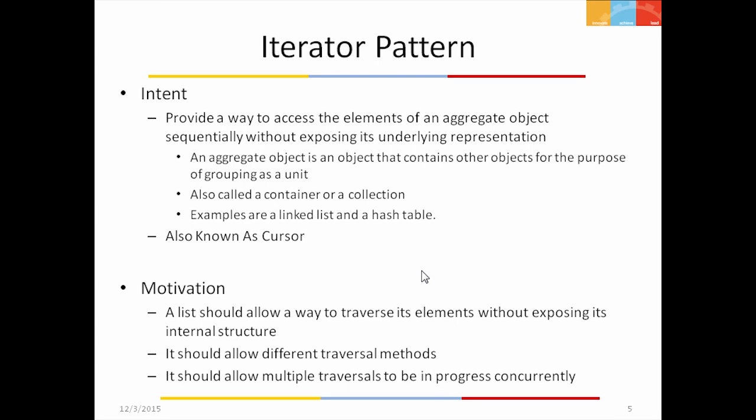That should not be exposed to the client. It should be hidden by the iterator. Plus it should allow different types of traversal methods. It should allow multiple traversals to be in progress concurrently. For example, one traversal could be in the forward direction, another in the reverse direction, and so on. They should happen concurrently.